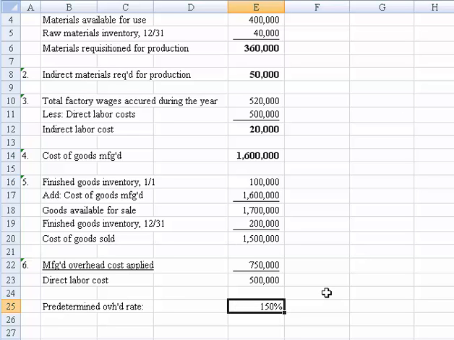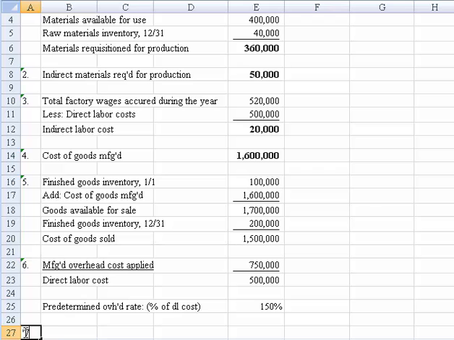But typically that would be shown as a percentage, so 150% of direct labor dollars. I'll state this as a percentage of direct labor cost.